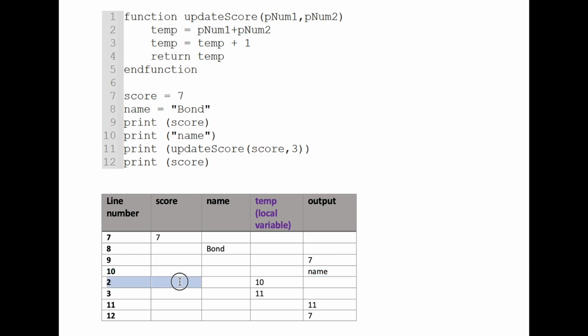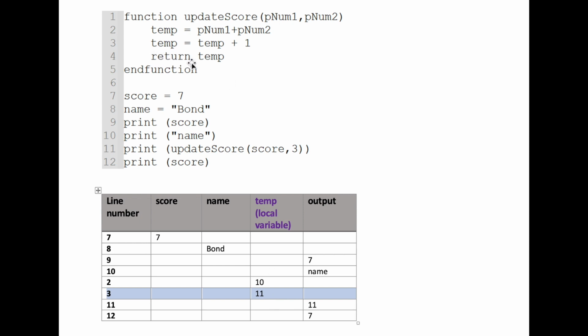So that's why we've got this line here. So line 2 sets the local variable temp to the value of 10. Line 3 states temp equals temp plus 1, which means add 1 to the contents of temp, or increment as it's sometimes referred to. So now you can see the value of temp has gone to 11.